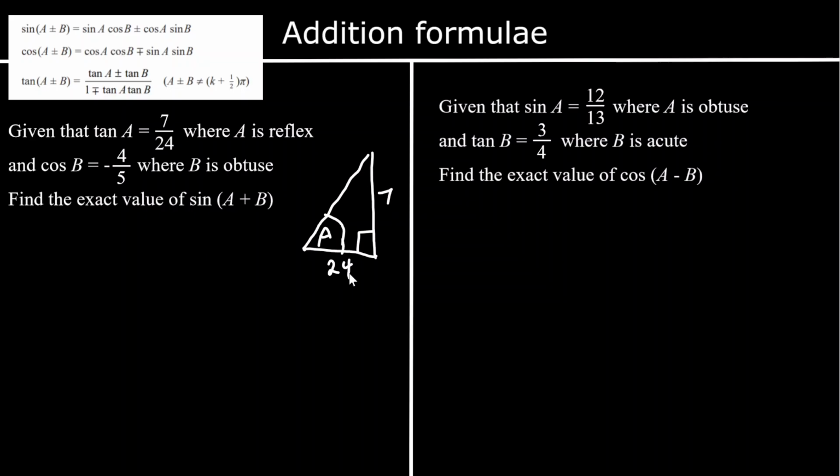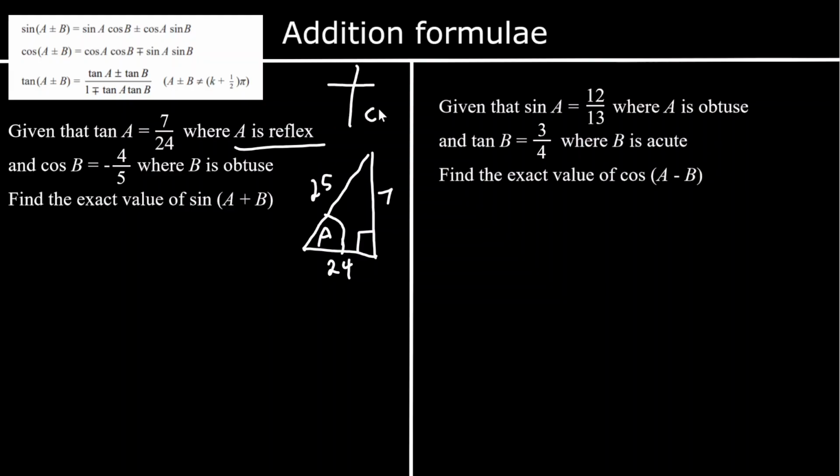And from that we can work out the hypotenuse, which will be 25 using Pythagoras. It's a 7/24/25 triangle.